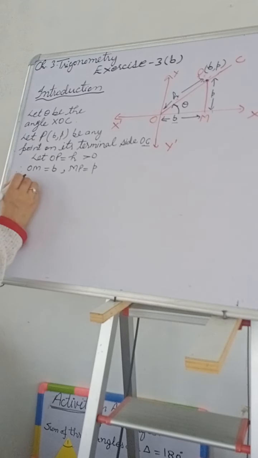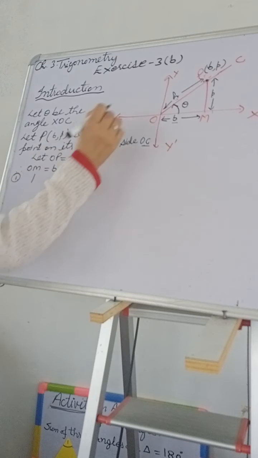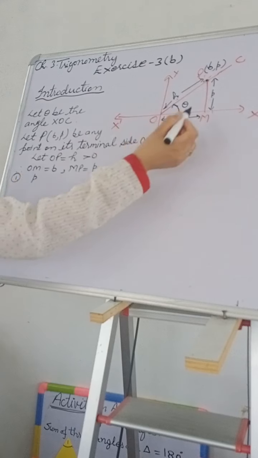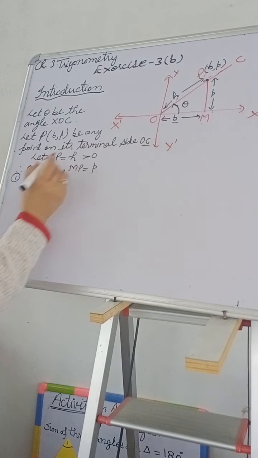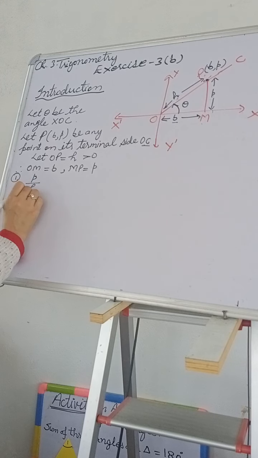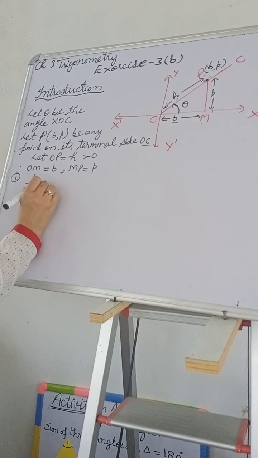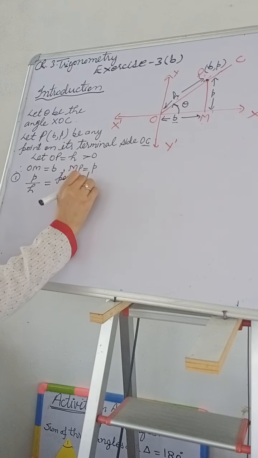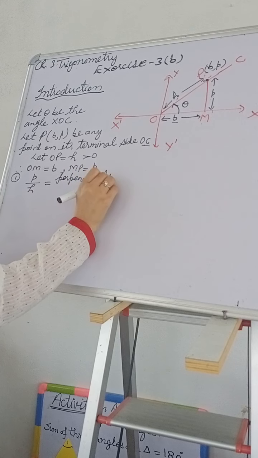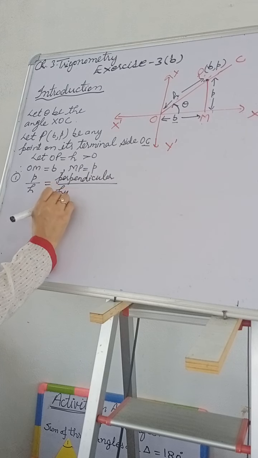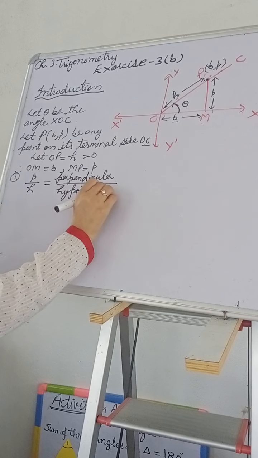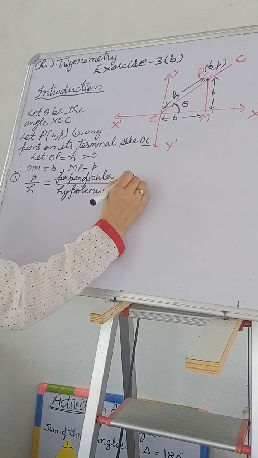First function is p upon hypotenuse, which means PM upon OP, perpendicular upon hypotenuse.